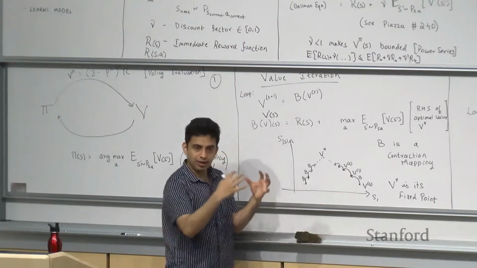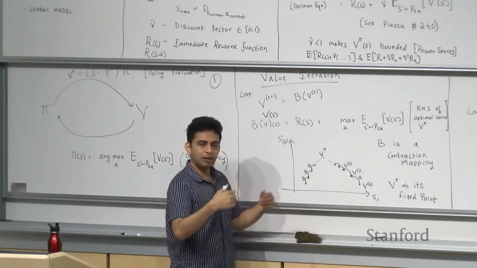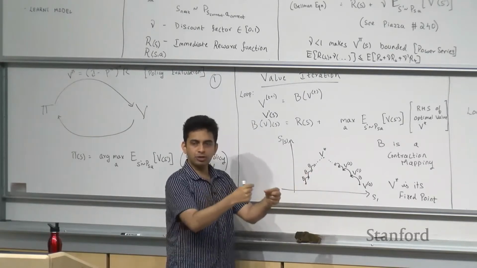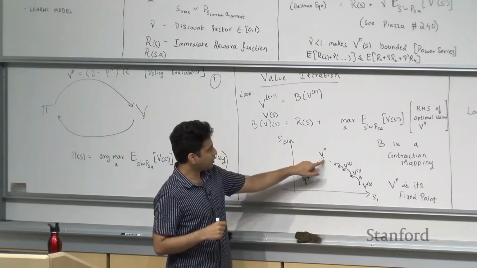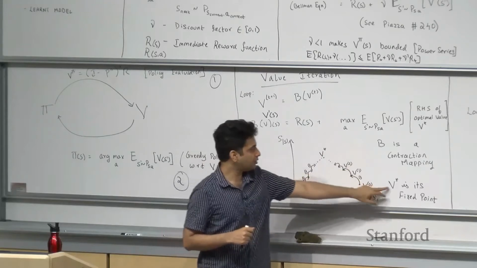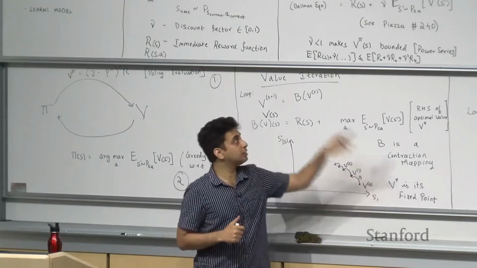That's why it's called a contraction mapping: as you apply points through the Bellman backup operator, they get closer and closer. The point at which they converge is called the fixed point of that operator, and that fixed point is v star, the optimal value.